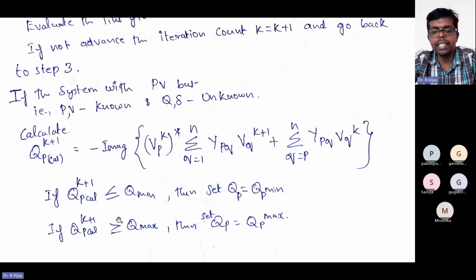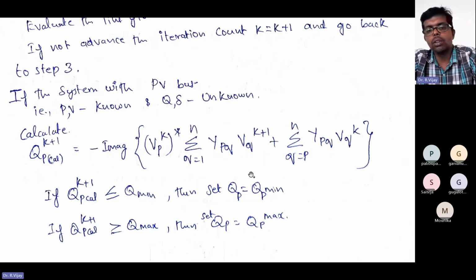And if it is greater than the limit, we set the power generation to its maximum power generating value. So if you have doubt in this, go back to my previous video, where we solved that in detail.